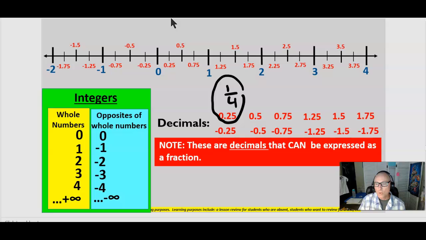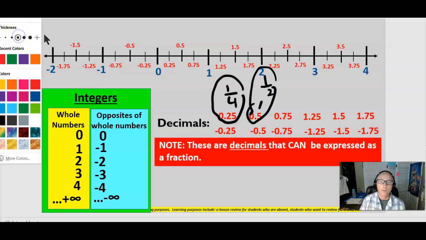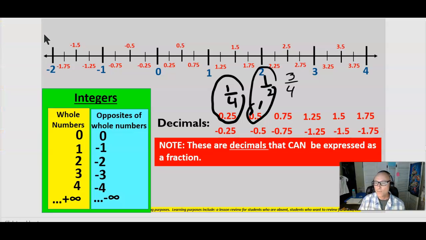Right? 0.5 is 1/2. 0.75 is 3/4. We can write these as fractions. And so on. 1.25 is a mixed number, 1 and 1/4, but it could also be written as a fraction, which is 5/4.